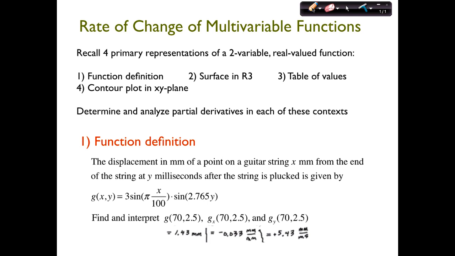So this one hopefully is pretty self-explanatory. Anyone want to explain this one? G of 70, comma 2.5 is 1.43 millimeters. Philip, you want to try that?